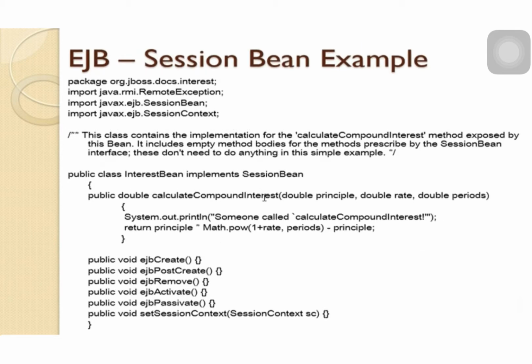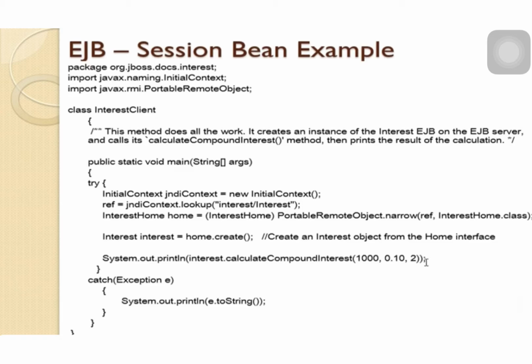calculateCompoundInterest here, right? Three input parameters. 1, 2, 3, right? Okay, so please remember that. So EJB is just a software component or a server component. We need to write some business logic inside of the EJB, but this is only part of the session bean. Okay.